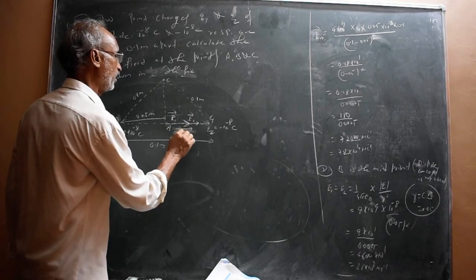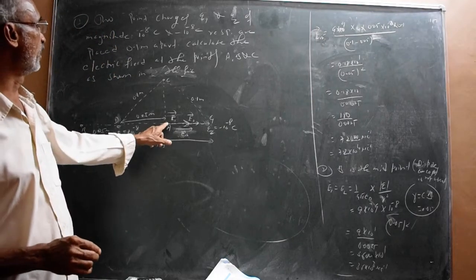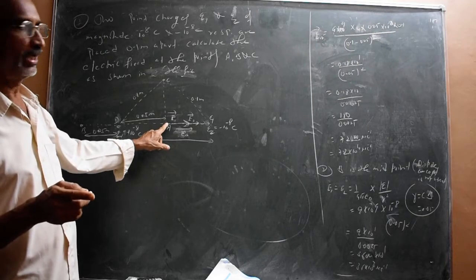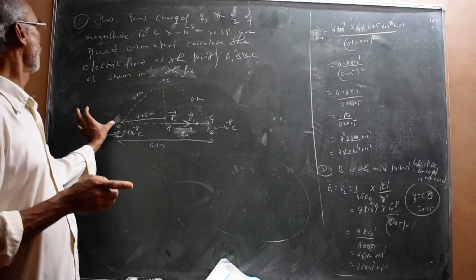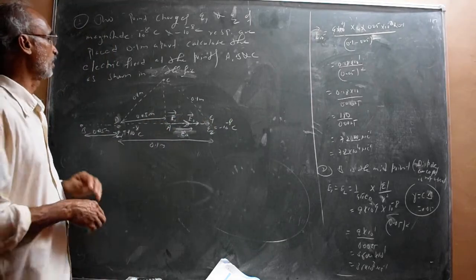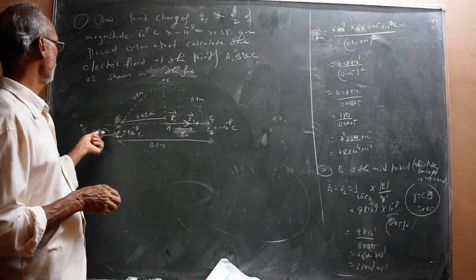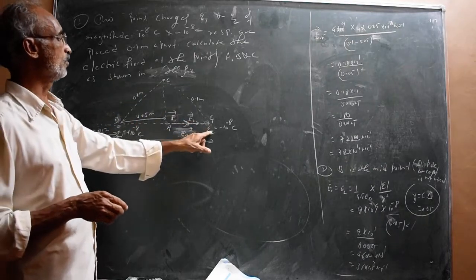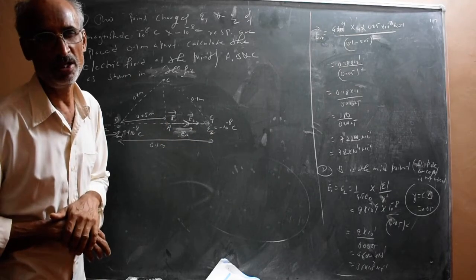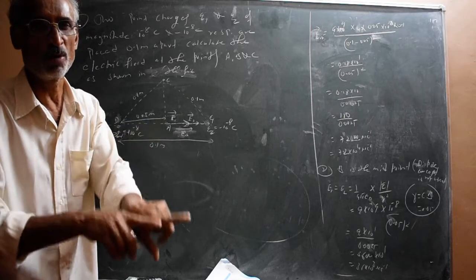But I can't apply the dipole formula for the field at the point A, because the dipole formula applies to an external point on the axial line, not to internal points. So how to work out the field at the point A? Work out the field due to the charge Q1 and the field due to the charge Q2 at the point A. They are E1 and E2 respectively, and both are acting in the same direction. Therefore the magnitude EA is equal to E1 plus E2.